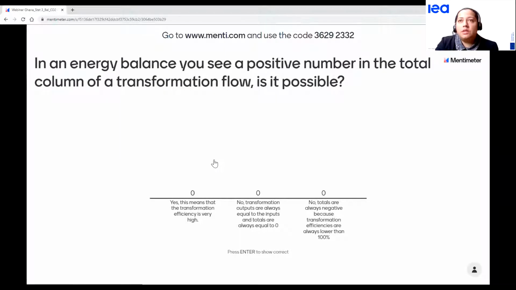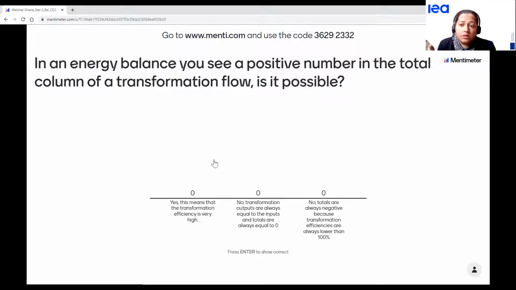The next question is: in an energy balance, you see a positive number in the total column of a transformation flow. Is it possible? Let's take, for example, oil refineries transformation. You have an input of crude oil, and then you have an output of oil products.